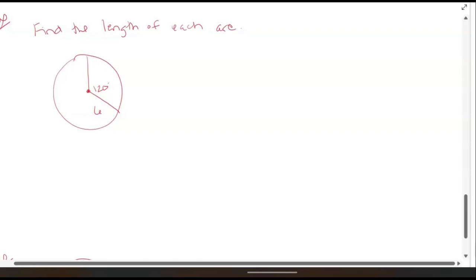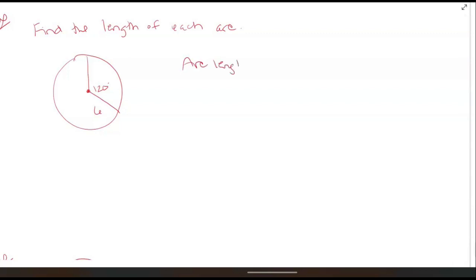And so remember that formula of arc length was your angle over 360 times 2 pi r. So in this case, our arc length is going to be the central angle over 360 times 2 pi, and then r is 6.